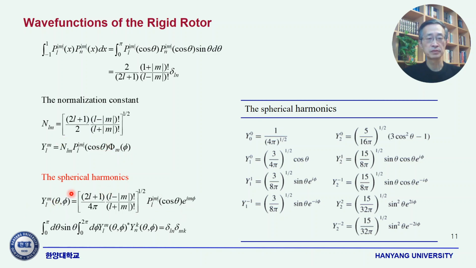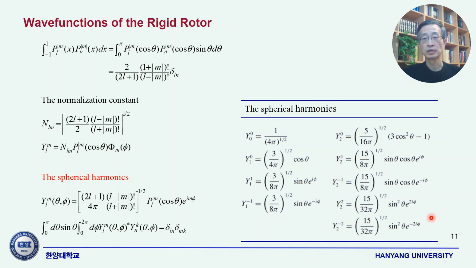Just to repeat this line here: this is 0,0 in theta and phi form, then 1,0, 1,1, 1,minus 1, because the m value could be minus l through l, including all integers in between. When l equals 2, m equals minus 2, minus 1, 0, 1, 2.